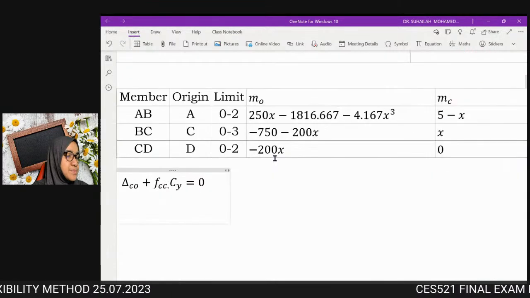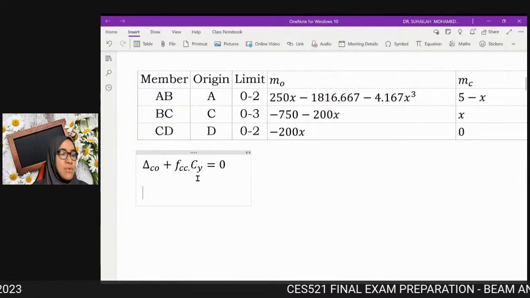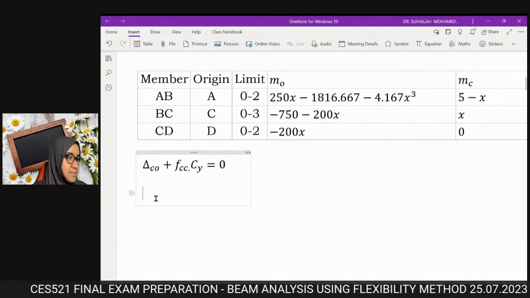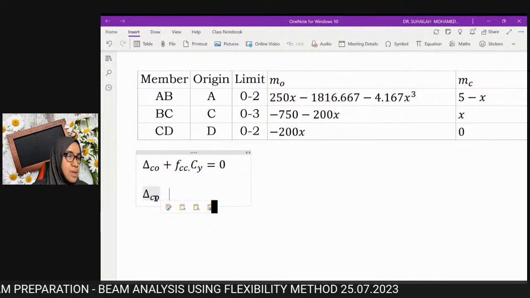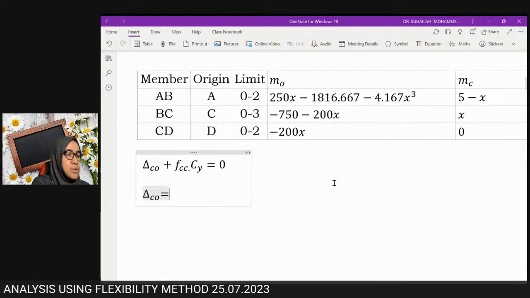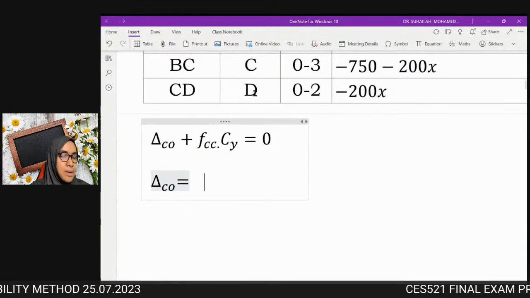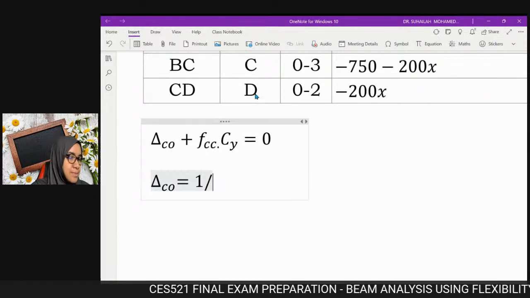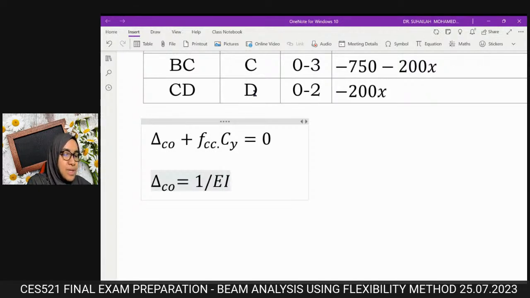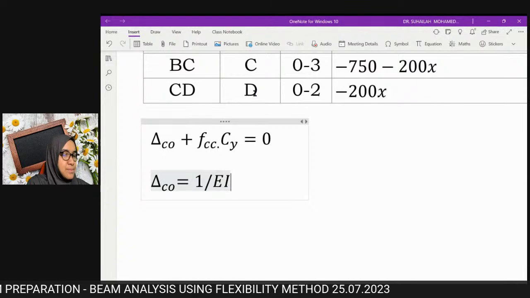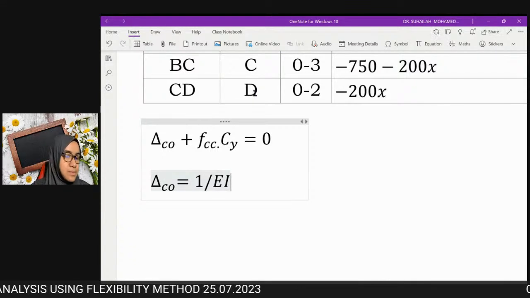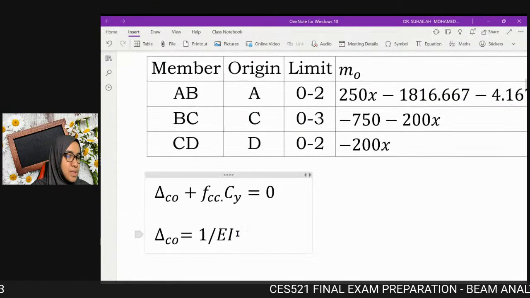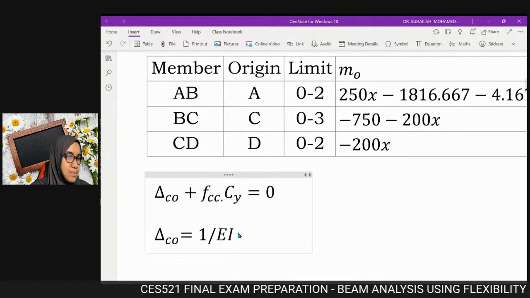So for delta C naught, this is equal to 1 over EI.